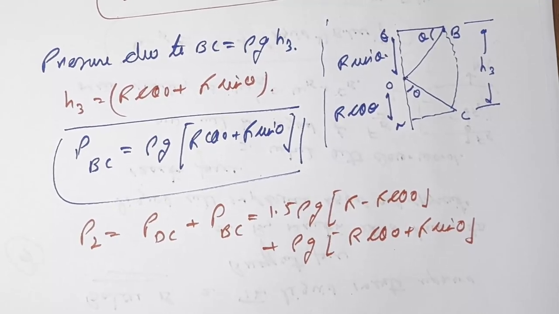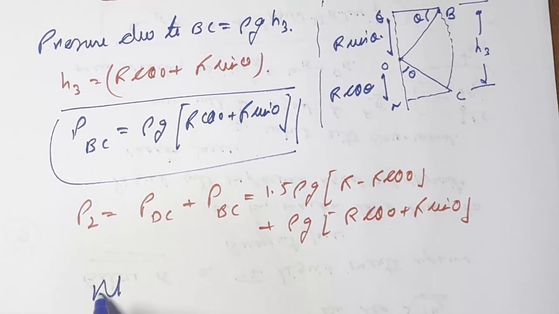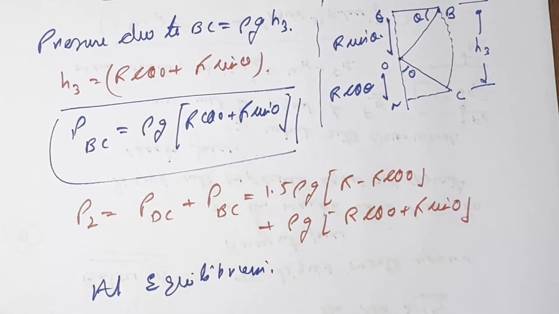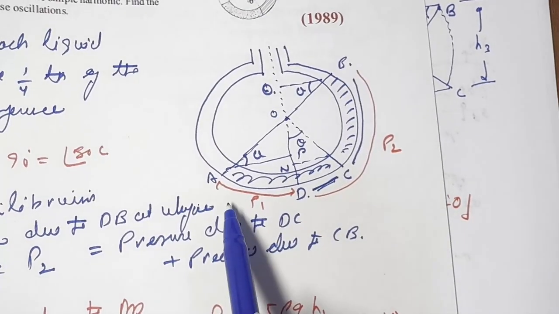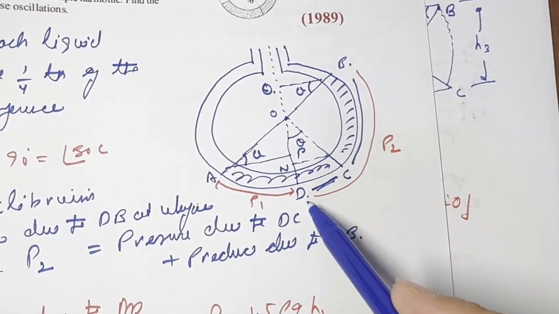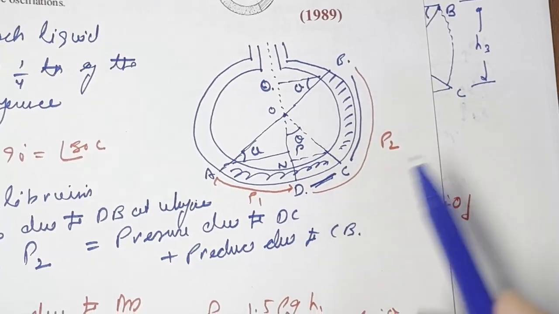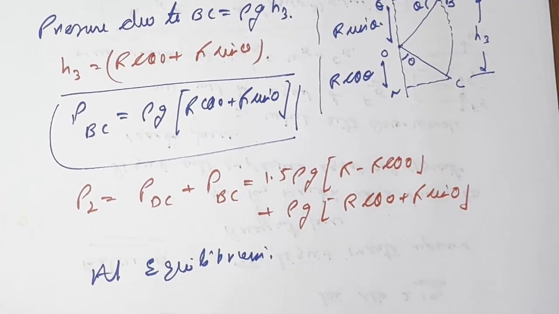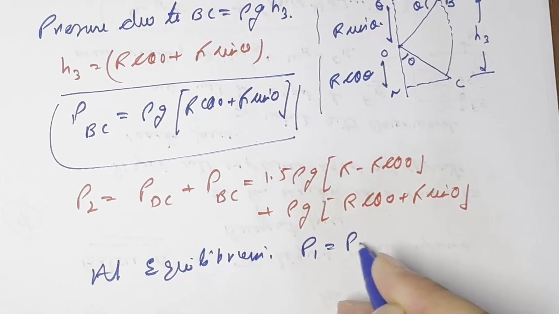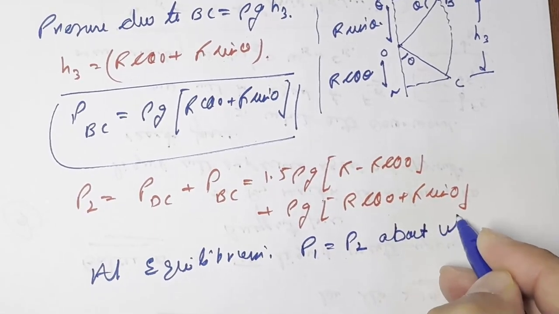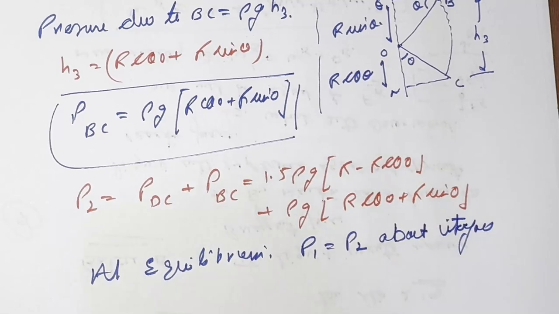And at equilibrium, the pressure P1 about point D and pressure P2 about point D will be the same. You can say at equilibrium P1 is equal to P2 about the interface point D.